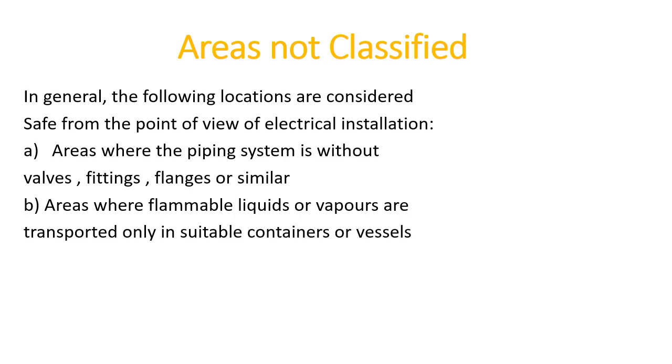When it is in the loading station, the container is in a particular zone, and outside the container there is another zone, zone 0, zone 1. But after the container is sealed and it hits the road, throughout the road when it passes, there is no classification of that transportation route, because it is going through a suitable container.